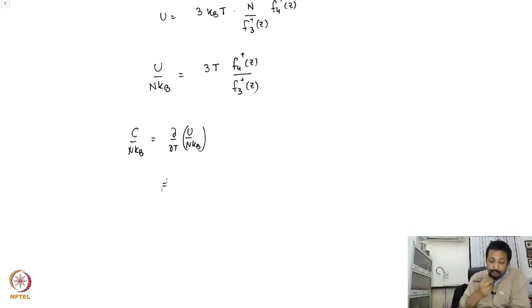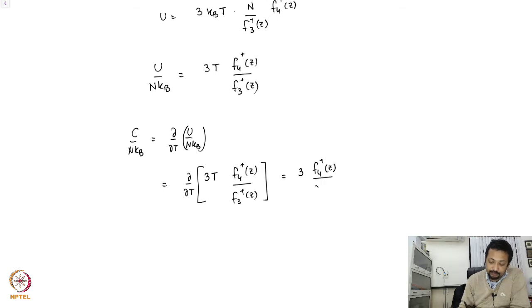This means this is going to be del T of 3 times T times F4 plus of Z over F3 plus of Z, which simplifies to 3 times F4 plus of Z divided by F3 plus of Z, from the derivative with respect to temperature of T, and then you have plus 3T divided by F3 plus of Z whole square times F3 plus of Z dF4 plus dT minus F4 plus of Z dF3 plus dT.